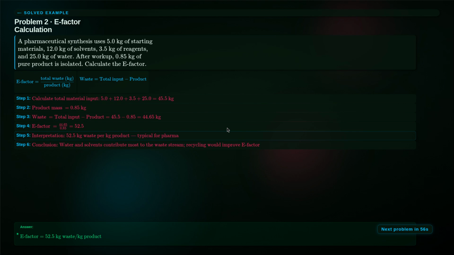E-factor equals 44.65 divided by 0.85, giving 52.5. Step 5. Interpretation. 52.5 kilograms of waste per kilogram of product is typical for pharmaceutical manufacturing. Conclusion. Water and solvents contribute most to the waste stream. The answer is E-factor equals 52.5.